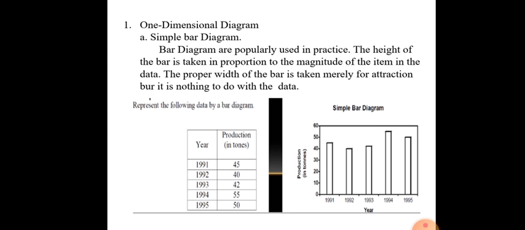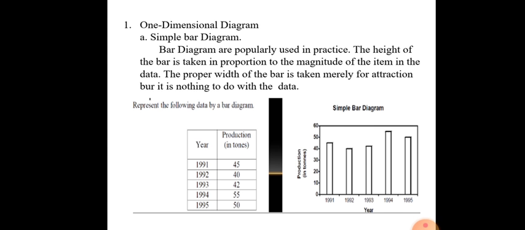These are the production data in tons, and it is now presented in the simple bar diagram. On the X axis, these are the years, and on the Y axis, these are the productions in tons.